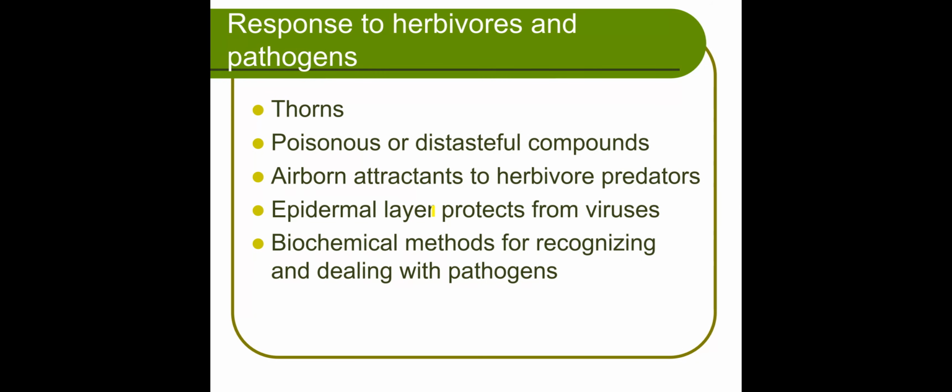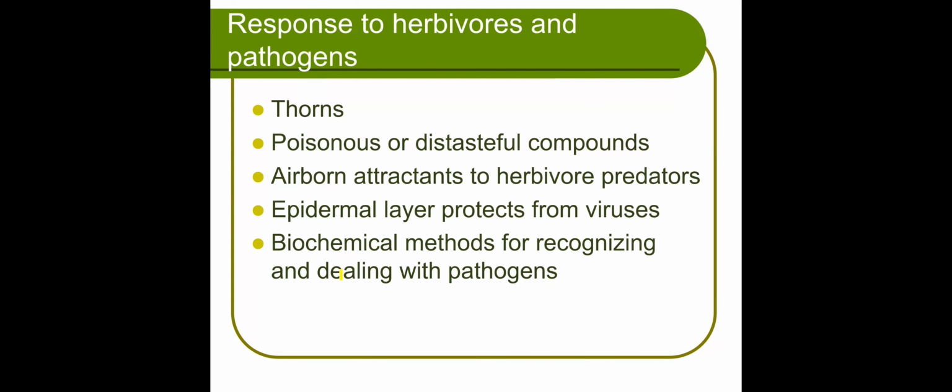They have that epidermal layer, things like cuticle, to kind of protect them. They have these chemicals that they can give off that they can attract the predators of the herbivores that eat them. A lot of times they do produce some kind of chemical that the predators don't like or the herbivores don't like. They may have physical adaptations like thorns to keep things from eating them.